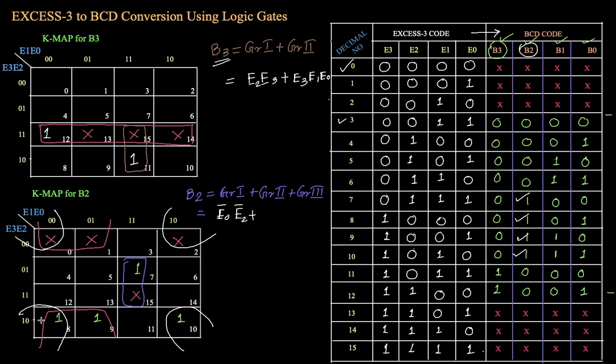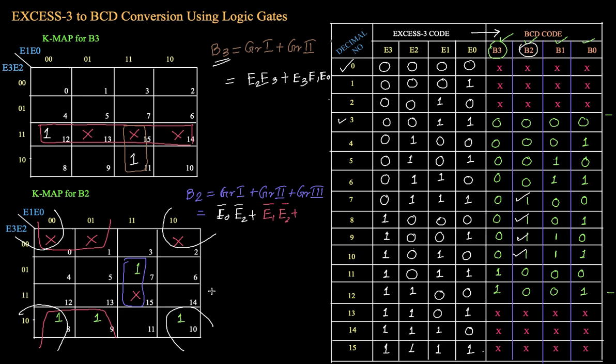Now if we consider this as group 2, these two red ones, here it is 0 0 0 1, meaning E1 is not changing, so E1 bar is there. And here 0 0 1 0, that means E3 changes but E2 is the same, so E2 bar is there: E1 bar and E2 bar.